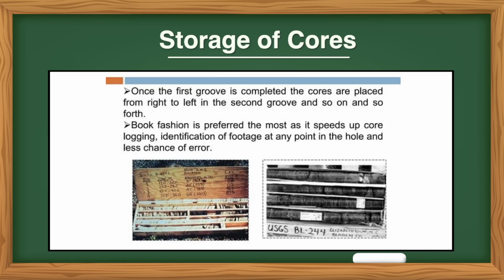Once the first groove is completed, the core is placed from right to left in the second groove, and so on and so forth. Book fashion is preferred the most as it speeds up core logging, allows identification of footage at any point in the hole and has less chance of error.